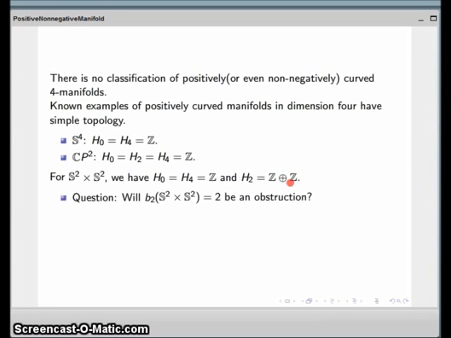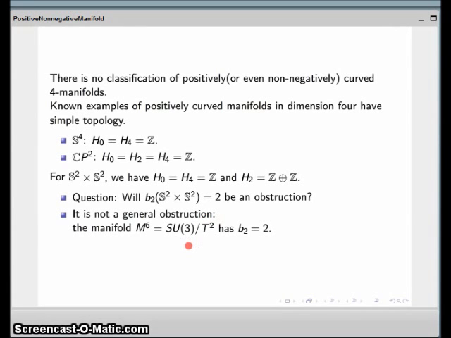So the question is, maybe this is a topological obstruction. The B2 just means the dimension, or the rank, of this group. So this is 2 here. So does this make an obstruction to positive sectional curvature for S2 cross S2?